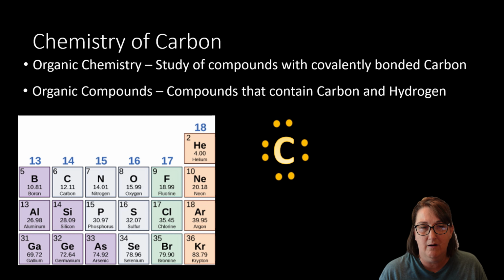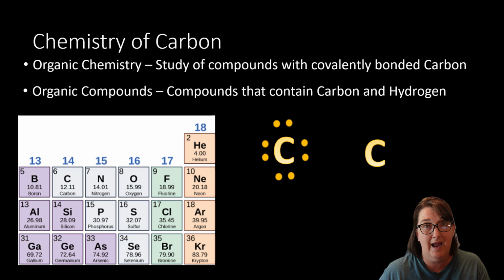But another thing carbon can do is get rid of 4. It takes as much energy to bring in 4 as it does to get rid of 4 valence electrons. So carbon can get rid of 4. So now I can either have a full shell or an empty shell for carbon. This allows it to bond really quickly with other types of molecules.